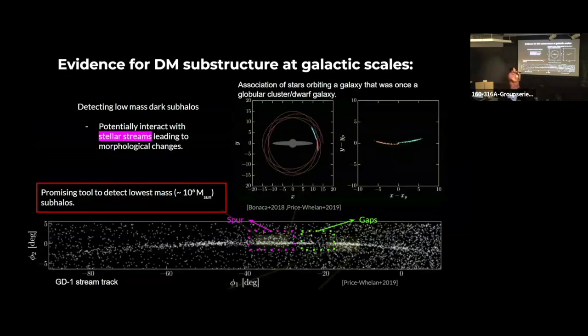A cool thing about them is that if left unperturbed, they should follow a simple stream track because they were initially in the same phase space volume as a globular cluster or a dwarf galaxy. But Adrian's work and Anna Panozza's recent work has shown that subhalos can possibly interact with these stellar streams, leading to morphological structural changes in them. And studying these changes, you can actually constrain properties of these subhalos.